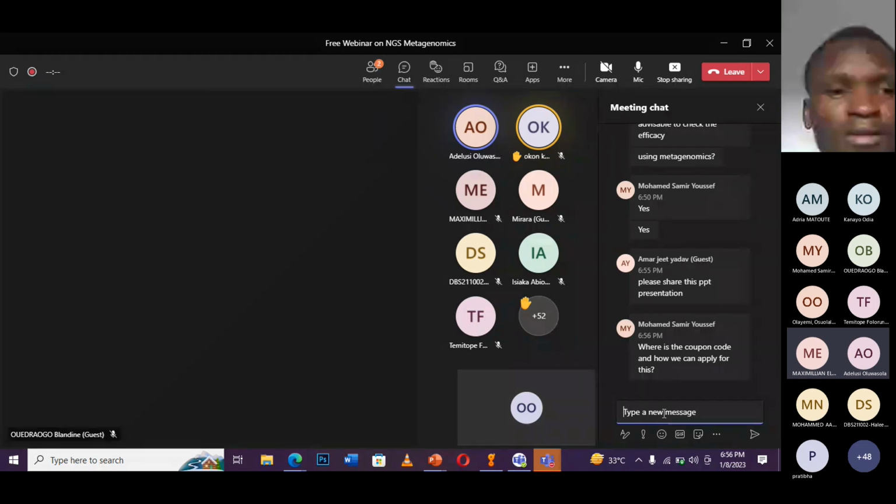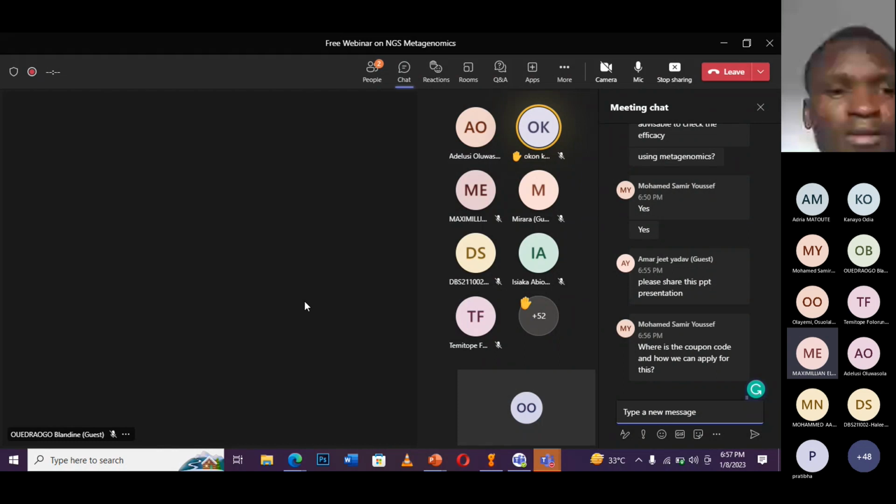I know for whole genome sequencing we need to extract the DNA of the microbe of interest. We need to culture them on a plate, then do the extraction, then do the whole genome sequencing. But in the case of metagenomics, do we do the analysis from the sample itself? It's a bit confusing.